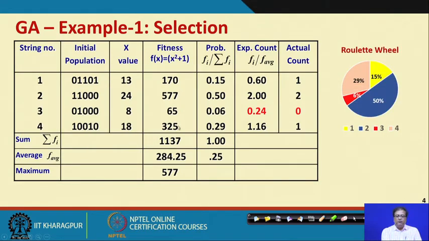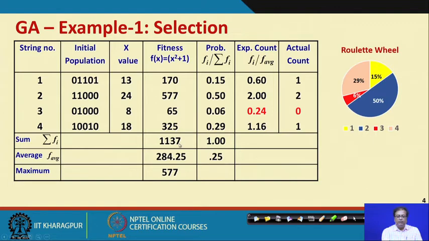First, we compute the fitness, that is the functional value in this case. Then we compute the probability, that is Fi by sigma Fi. These are our fitness function values, and this is the sum of all the fitness. If I divide, then this is the probability. With these probabilities we constitute the roulette wheel. You could see that for the first one, the fitness is 170, the sum is 1137.